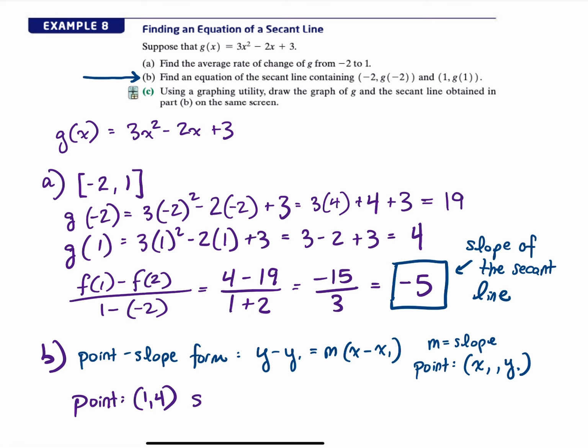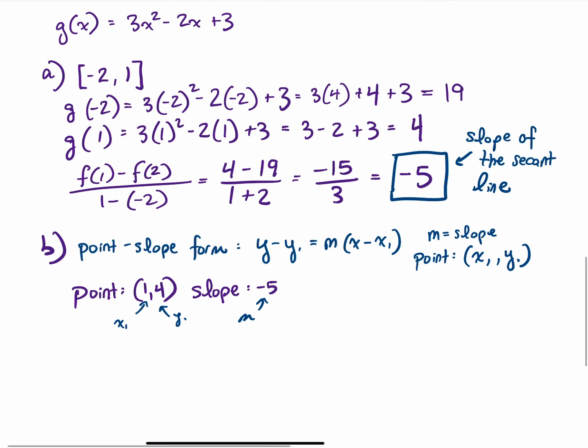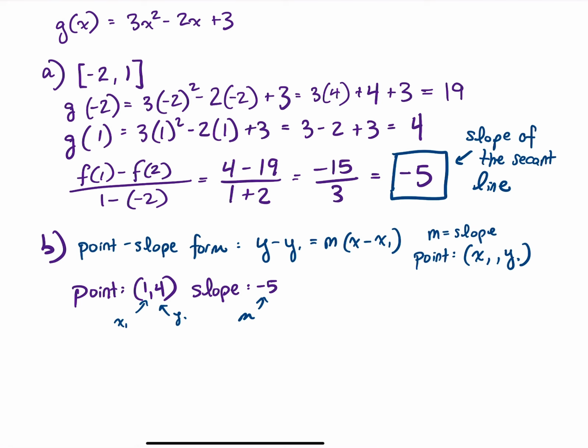And then our slope we said was -5. So in terms of our point-slope form, this would be our x1, this would be our y1, and this is our m. So let's just plug it all in. So y minus y1, that will be y minus 4 equals m, which is our slope, -5, times x minus x1, or x minus 1.